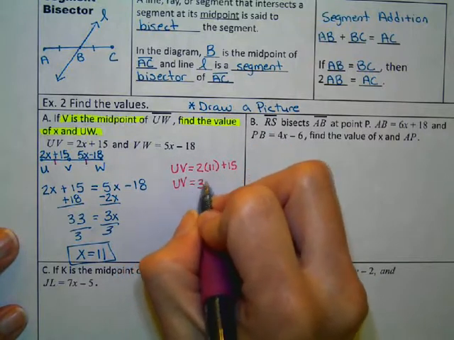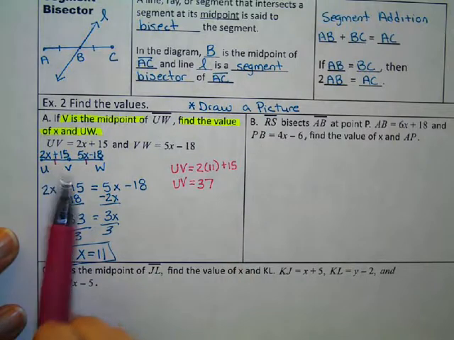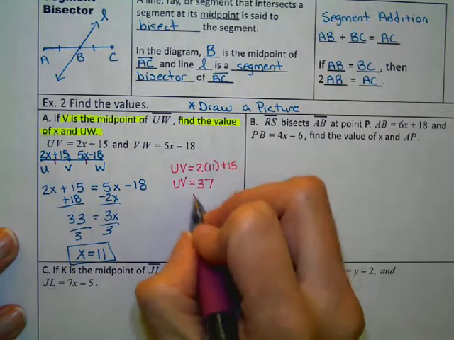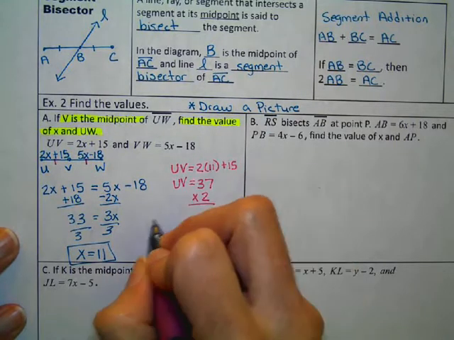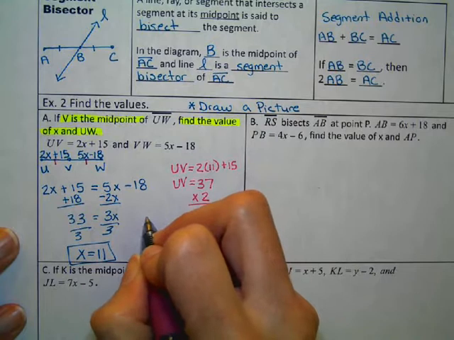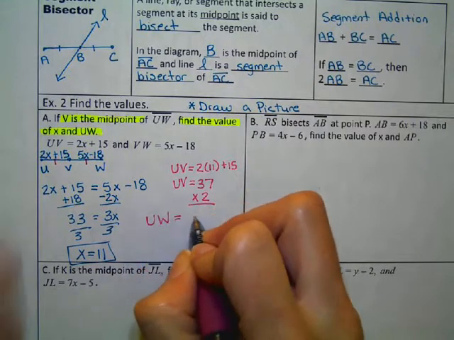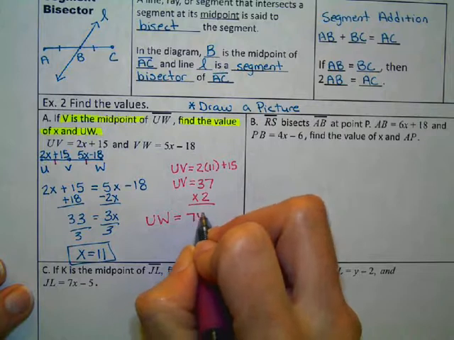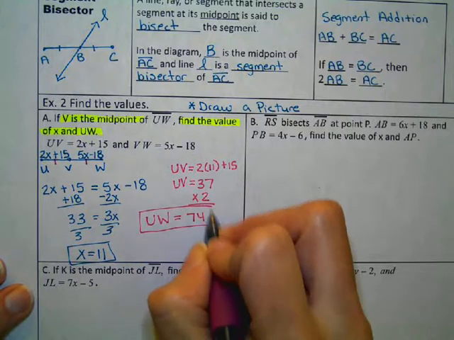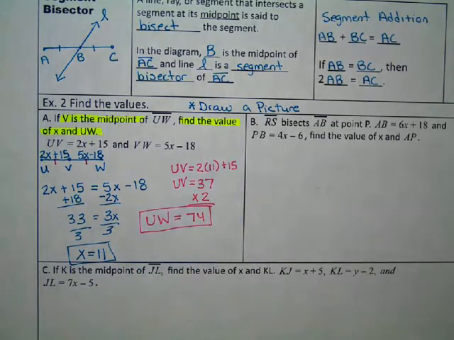So if we know this is 37 and this is 37, you can just times it by 2 to get the whole length. So UW equals 74. And they don't put inches or meters or centimeters on any of these, so there's not a label we're looking for, we're just trying to figure out the length of something.